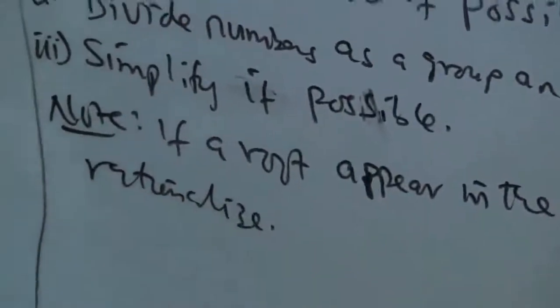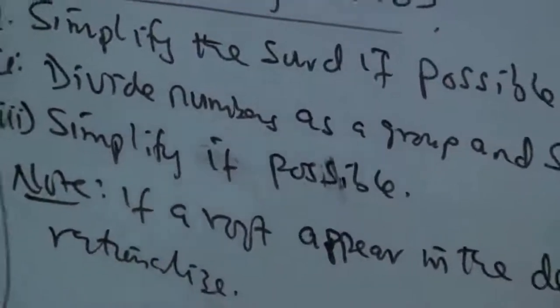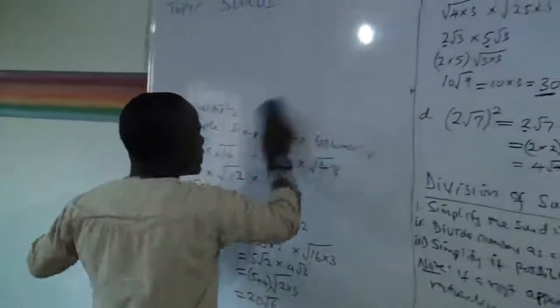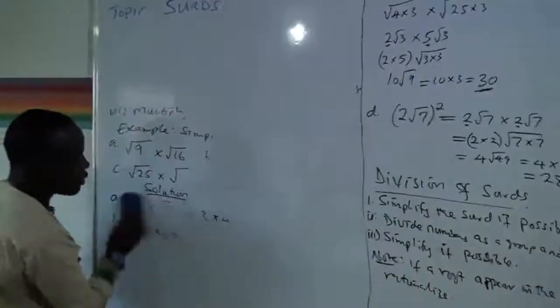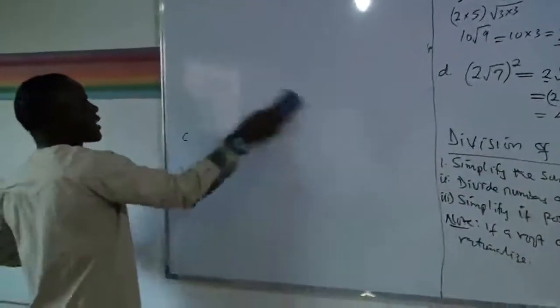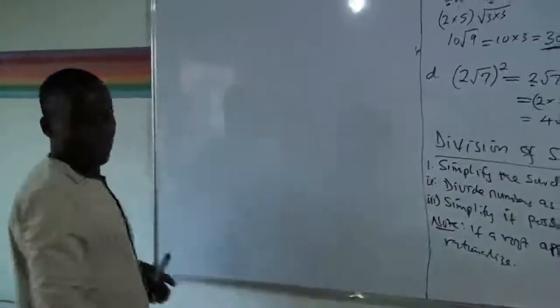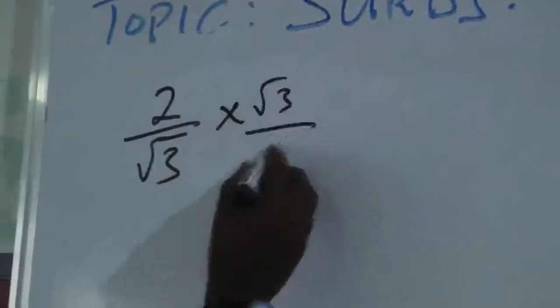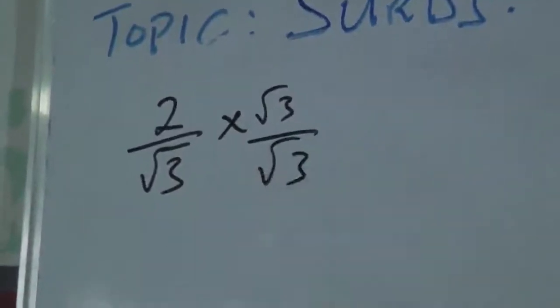Then we rationalize. Right? How do we rationalize? I want us to understand that very part first before we proceed, so that when it occurs in our problem, we can always handle it. It simply means I will multiply this by the 3 and also multiply this by the 3.